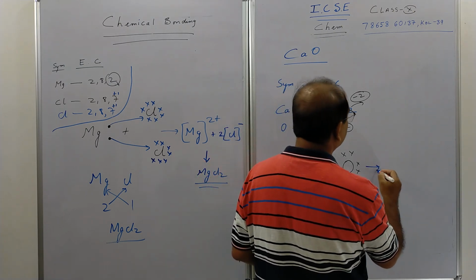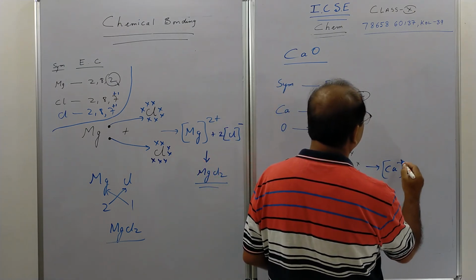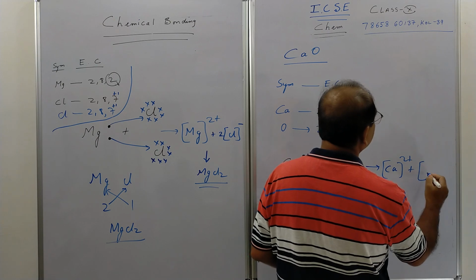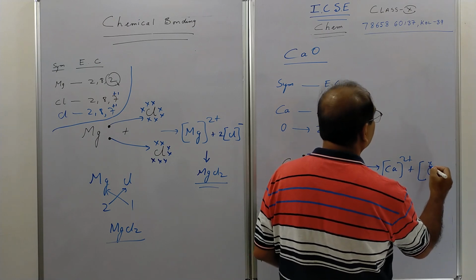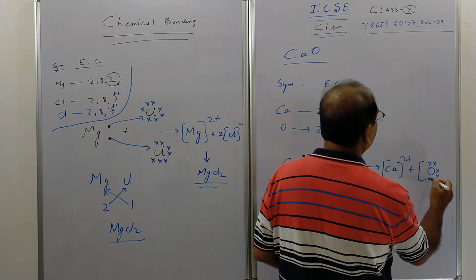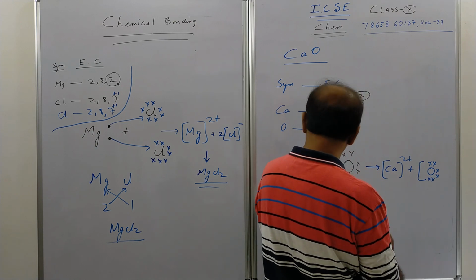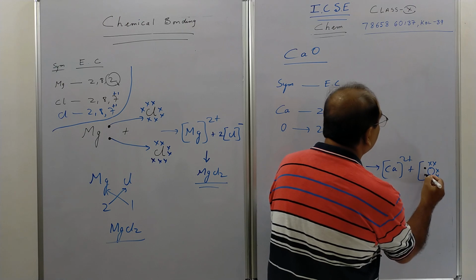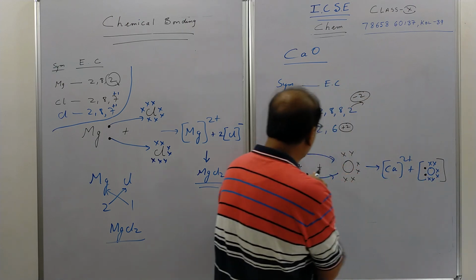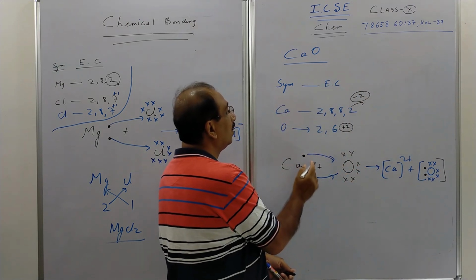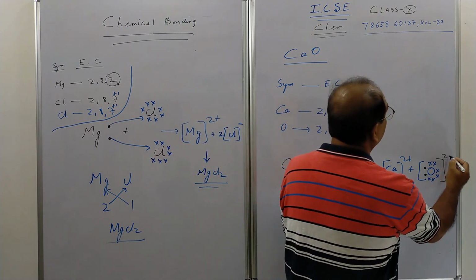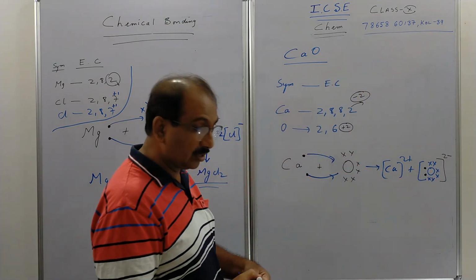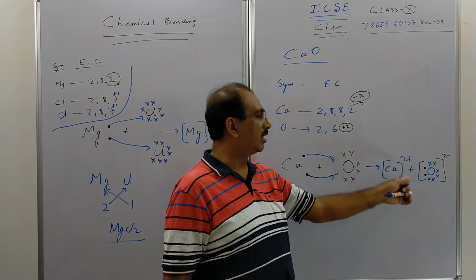So what happens? Calcium becomes 2 positive and oxygen, see here this diagram, 1, 2, 3, 4, 5, 6. These 2, what I am showing with black marker, are electrons transferred from calcium to oxygen. So oxygen becomes 2 negative. It had 6, it becomes 8.